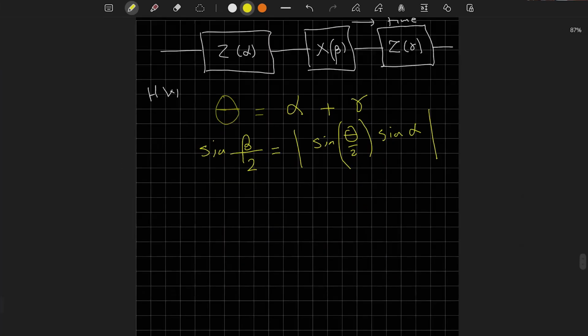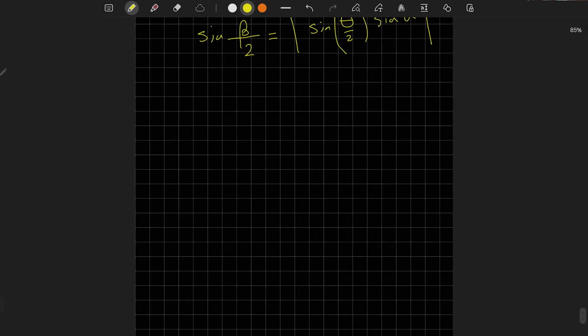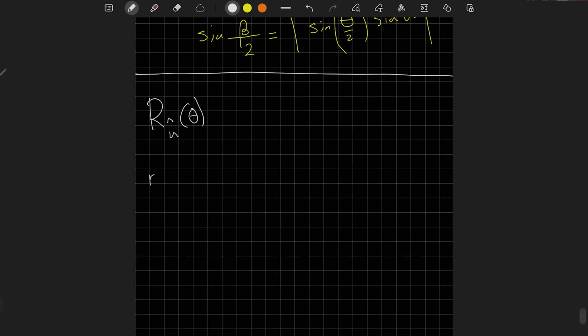Okay, so the answer to your question is the following. So R_n(theta). Now what is n? n is the axis of rotation.